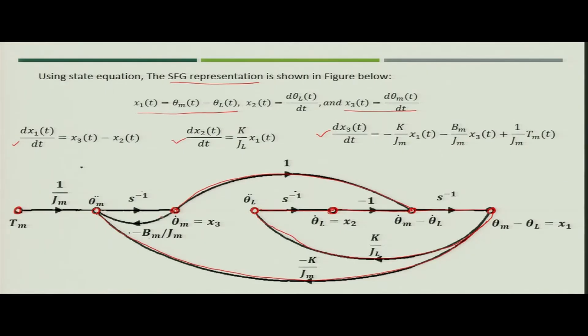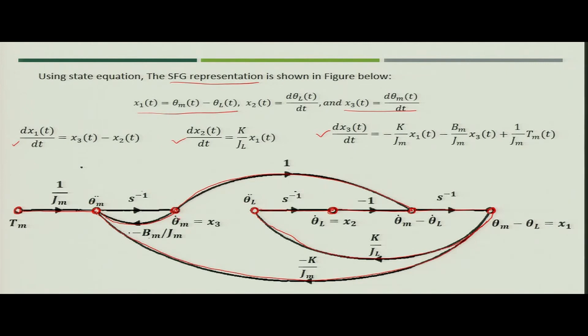So, from x3 we connect the link again with gain of minus Bm by Jm, and then you have 1 upon Jm Tm. So, Tm is connected to the theta m double dot, that is with the gain 1 upon Jm. So, with this you complete the summation at theta m double dot.